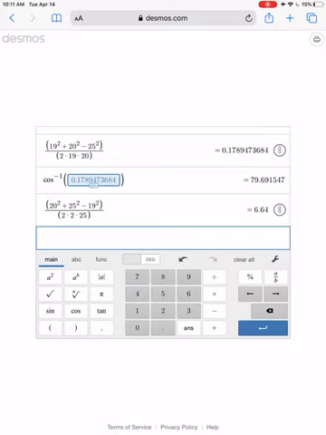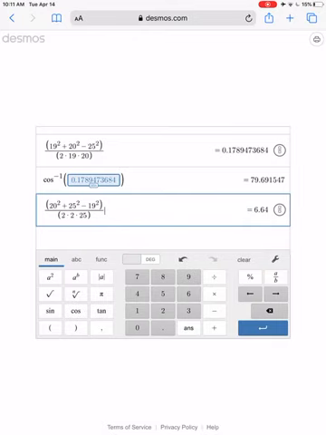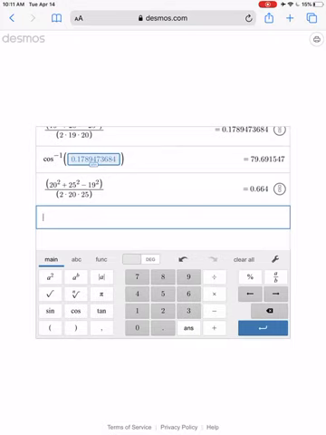Okay, do y'all see how I know I made a mistake? When this number was over 1, 6.64, that told me I made a mistake. So it should always be less than 1. So let's see if I can make that correction. So it should be 2 times 20 times 25. There we go.